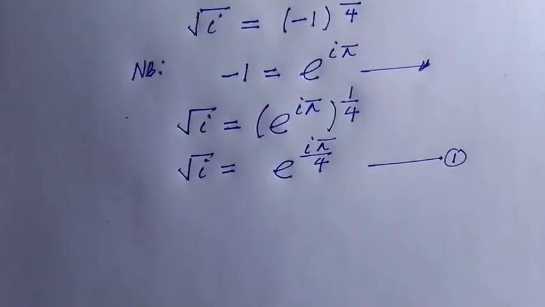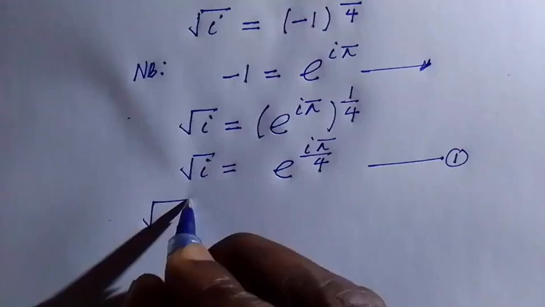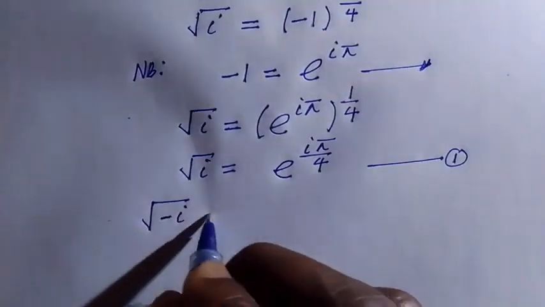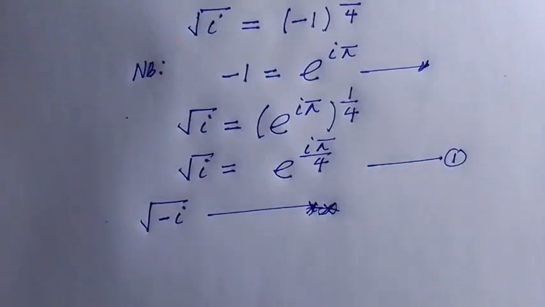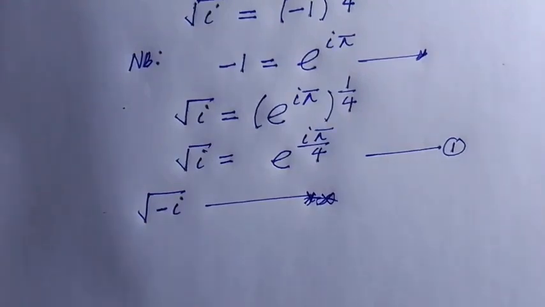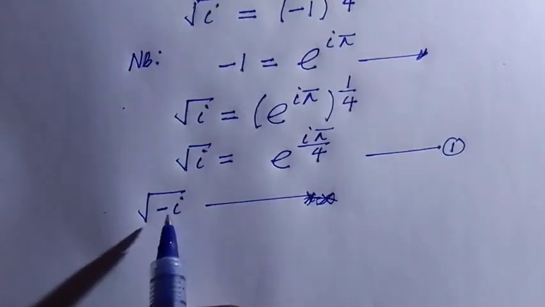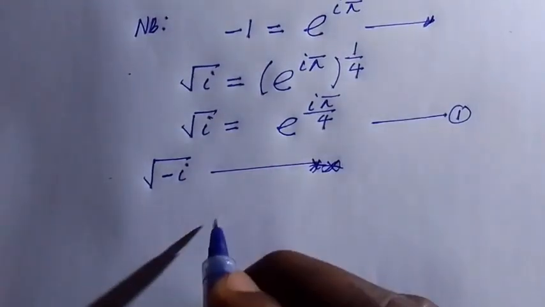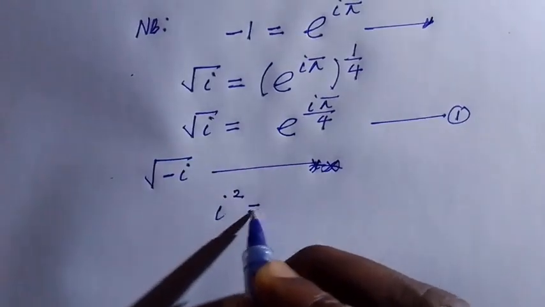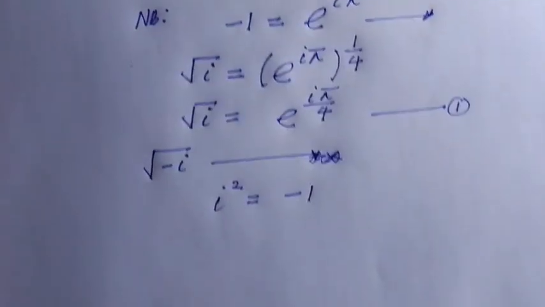And for the second one, we're still trying to get the square root of minus i. Then we couple the two together and do the necessary substitutions. But how can we get the root of minus i? It's very simple. We recall again that i squared is given as minus 1.